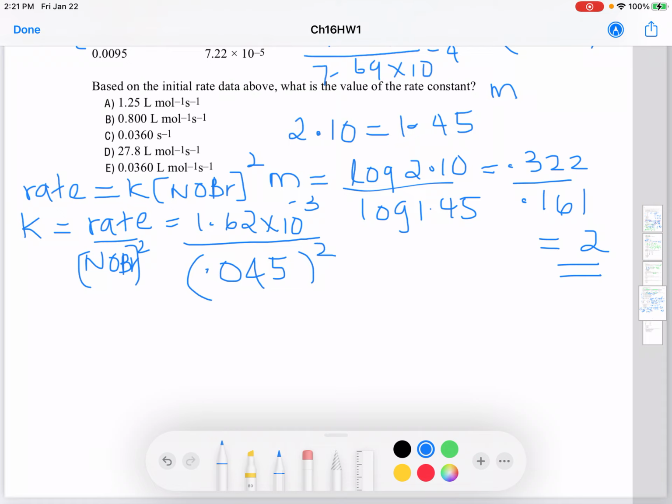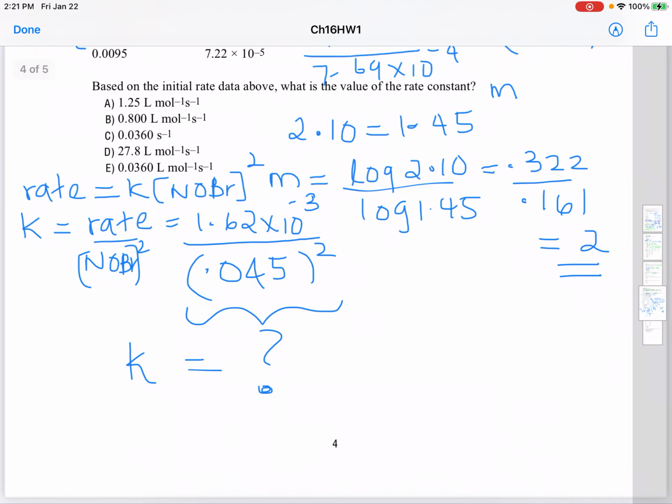So solve this math part. 1.62 times 10 to the negative 3 over 0.045 raised to the power 2 should give you K, the rate constant. So you guys can find that out. Okay.